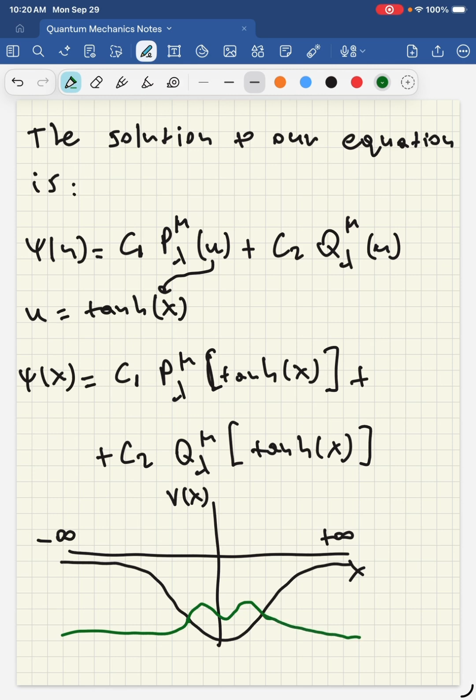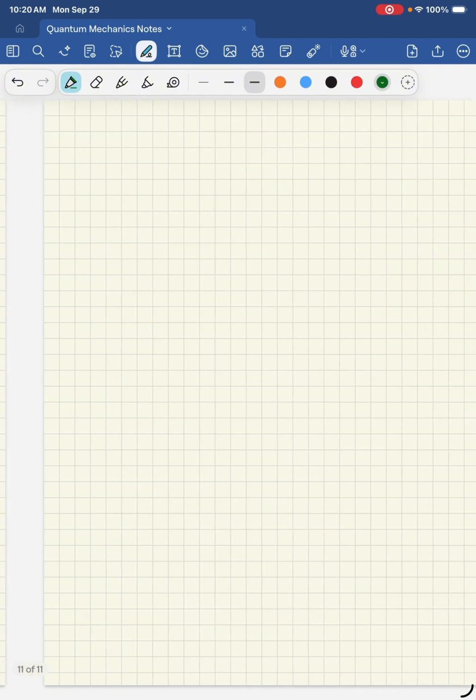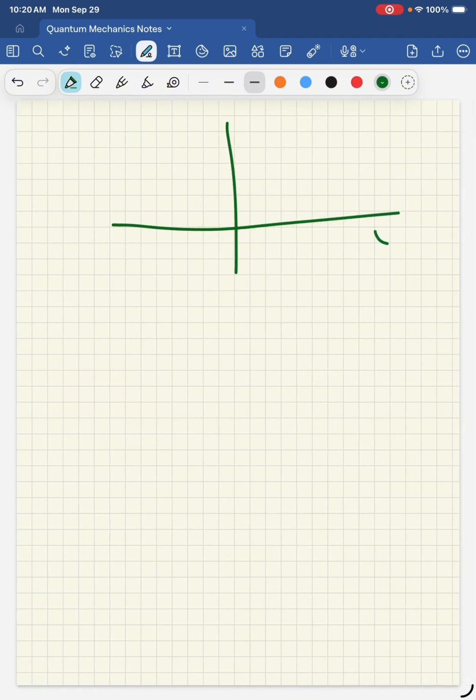So what am I saying? Imagine this. The green wave function is plotted inside the potential, but if we plot the wave function alone, it will look like this.